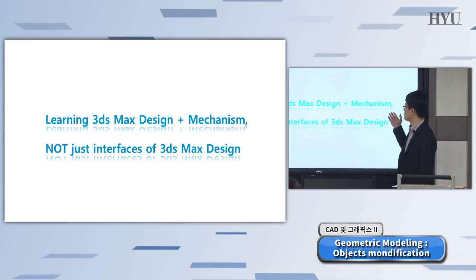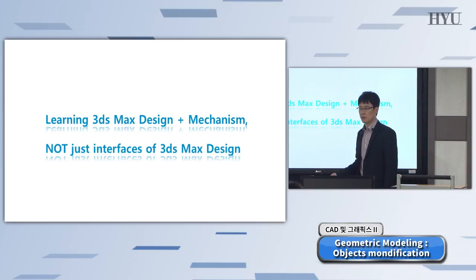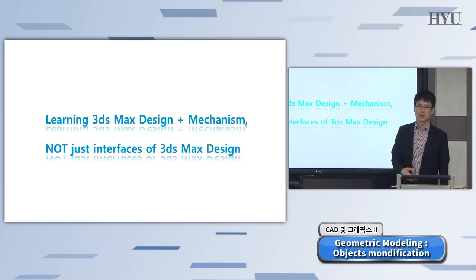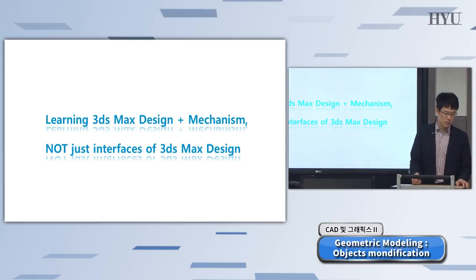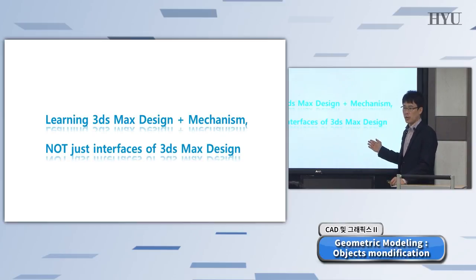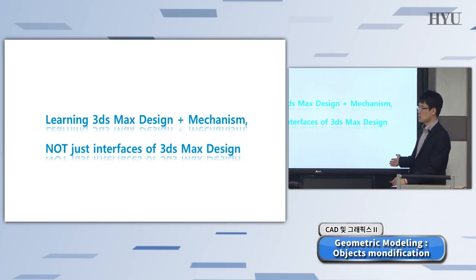But if you understand the background theories behind the technologies and mechanisms, you don't need to learn again and again when a newer version of 3D Max design is released or when you want to learn some different type of application. How about Rhino? Rhino has a totally different GUI, totally different interface. But the technologies behind it are almost the same.